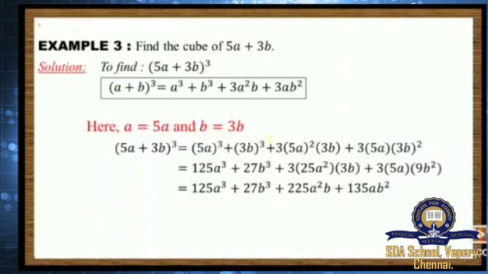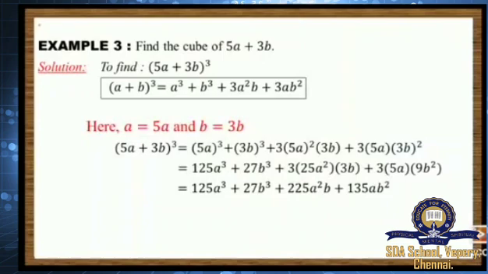Similarly, if you apply cube to 3 inside the bracket, it becomes 3 cube, which is 27, and if you apply cube for b, it becomes b cube. Similarly, if you apply the square term here, you will get 25a square, and here you will get 9b square.